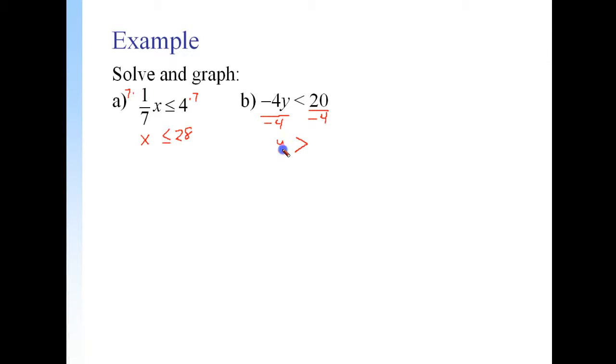So this now becomes a y, and this becomes a -5. Only when you divide or multiply by a negative do you reverse the sign. Here we didn't, so we don't change anything. Here we did.